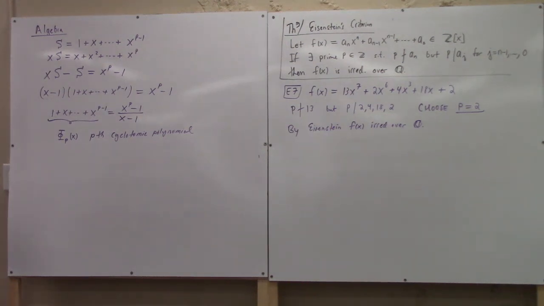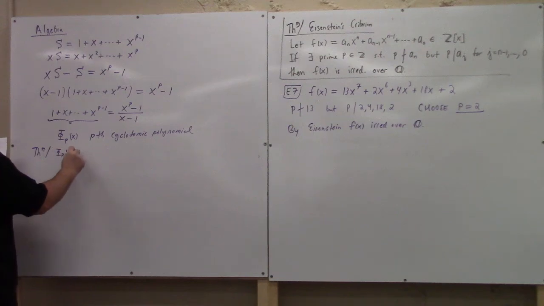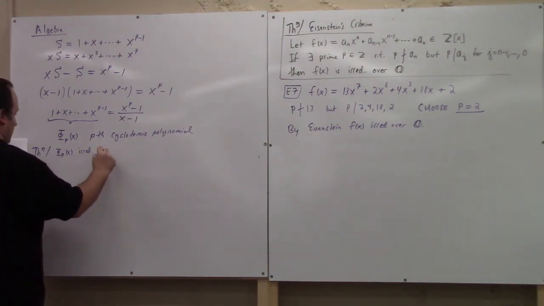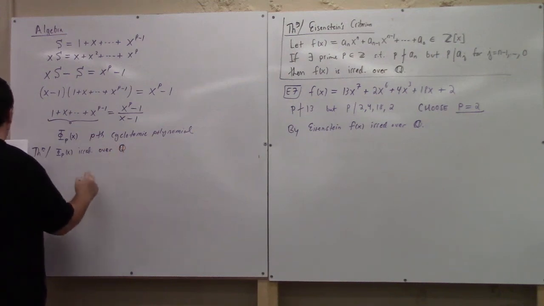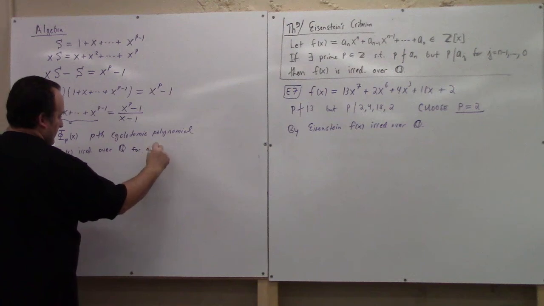Theorem: phi p of x is irreducible over Q for any prime p.